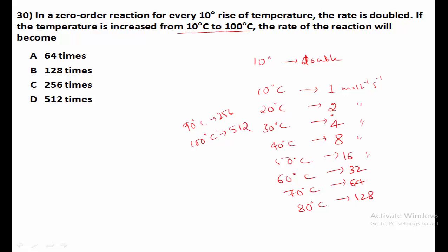So from this you can simply say option D is the right one. So option D, 512 times. When we increase the temperature from 10 degrees Celsius to 100 degrees Celsius, the rate of reaction will become 512 times.